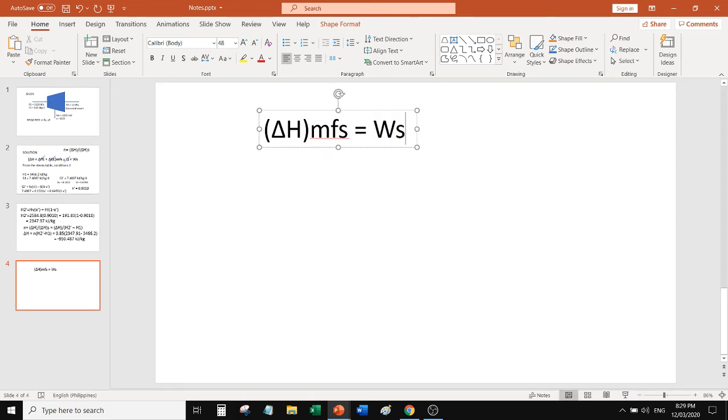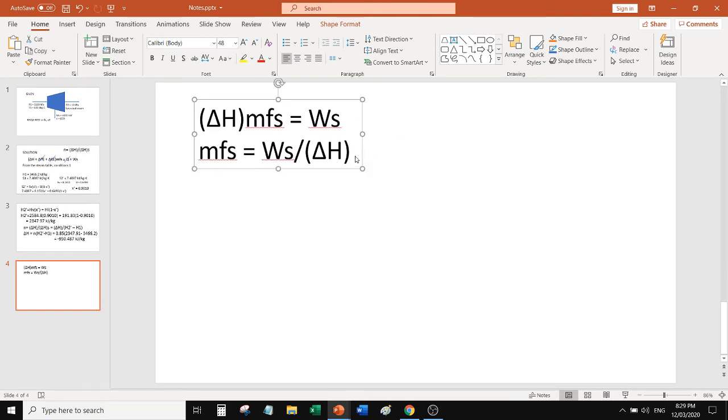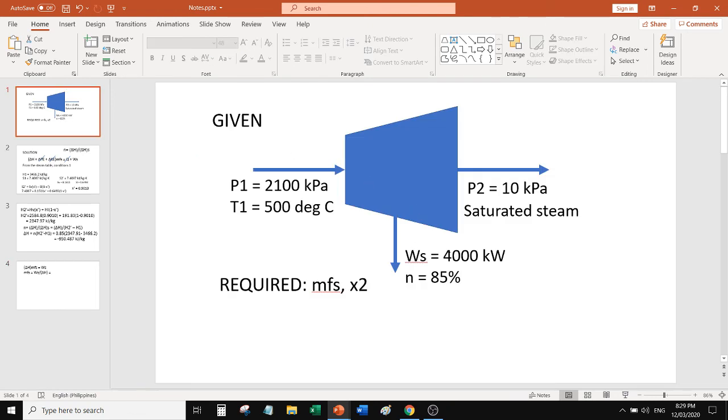Therefore, mass of flowing stream is equal to work shaft divided by delta H. Alam mo yung work shaft kasi given yan. It's 4,000 kilowatts na dapat negative. Hindi mo nilagay kanina, pero dapat negative kasi work done by the system. Palabas nga, may arrow dyan.